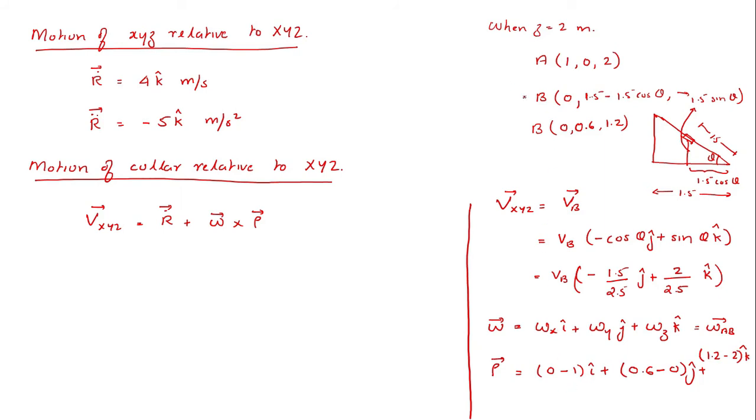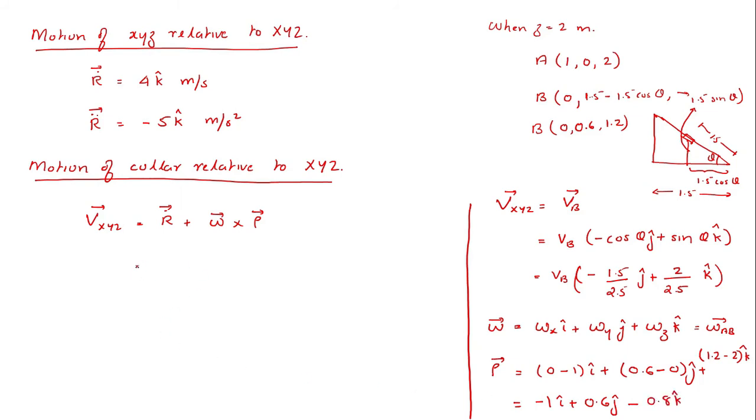Okay, so after doing b minus a, this will give me minus 1 into i cap plus 0.6 into j cap minus 0.8 into k cap.